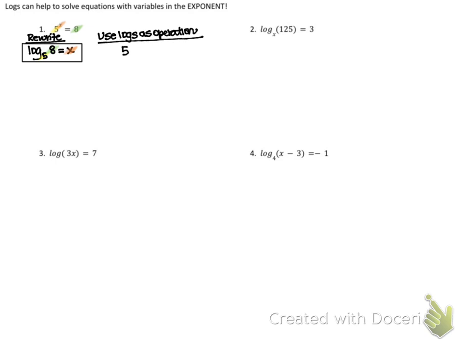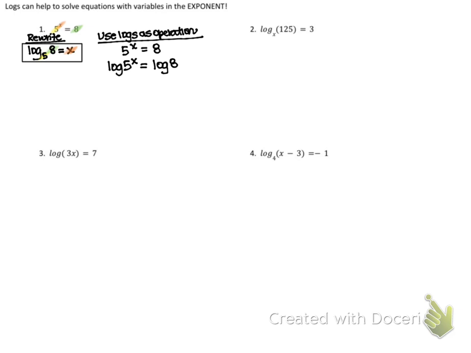So if I have 5 to the x is equal to 8, and you're like, well, if there was a logarithm in front of that 5, then I could use the third property of logs that says exponents can come down. So what you can do is put a log on each side. And you can use whatever base you want. If you want to use a base 2, use a base 2. If you want to use a base pi, use a base pi. It doesn't matter.